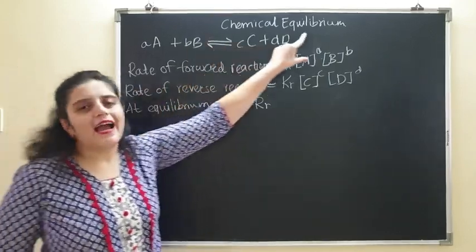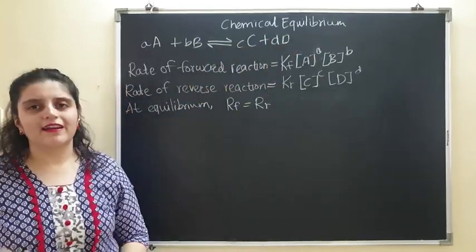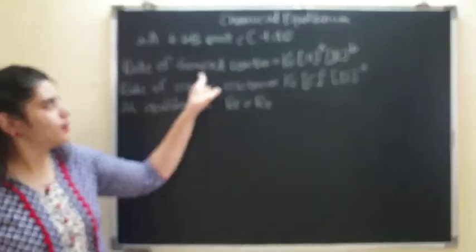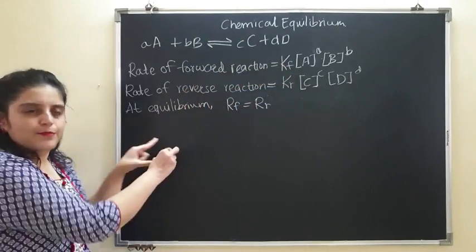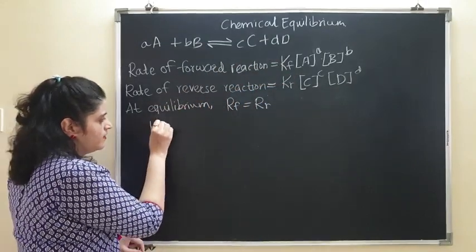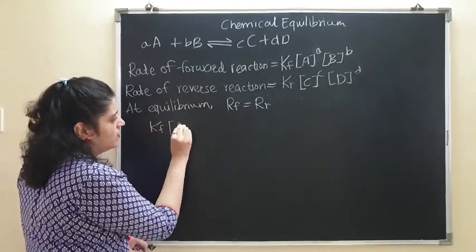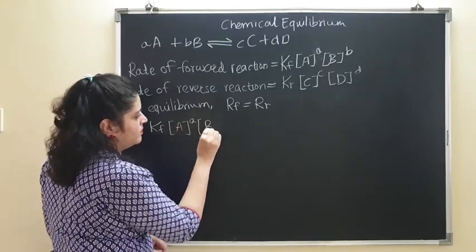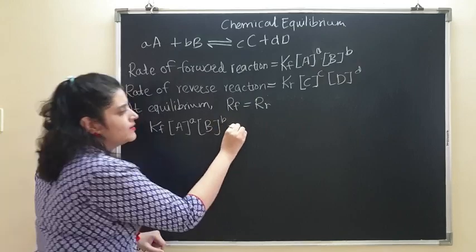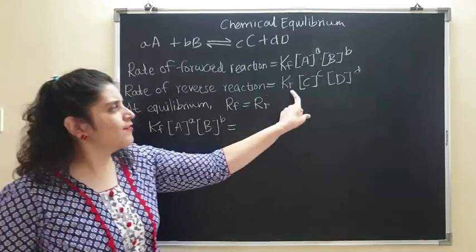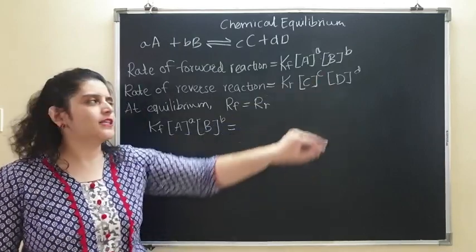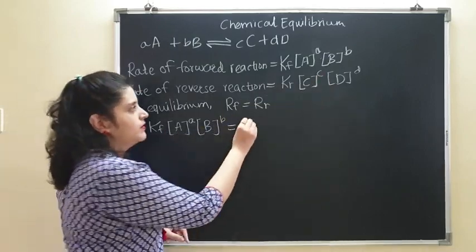So we already have an equation for rate of forward and reverse reaction. We can directly take it and substitute. Rf is rate of forward reaction, we can take this and substitute over here, is equal to rate of reverse reaction का भी equation है Kr [C]^c [D]^d. So let us take this and substitute.